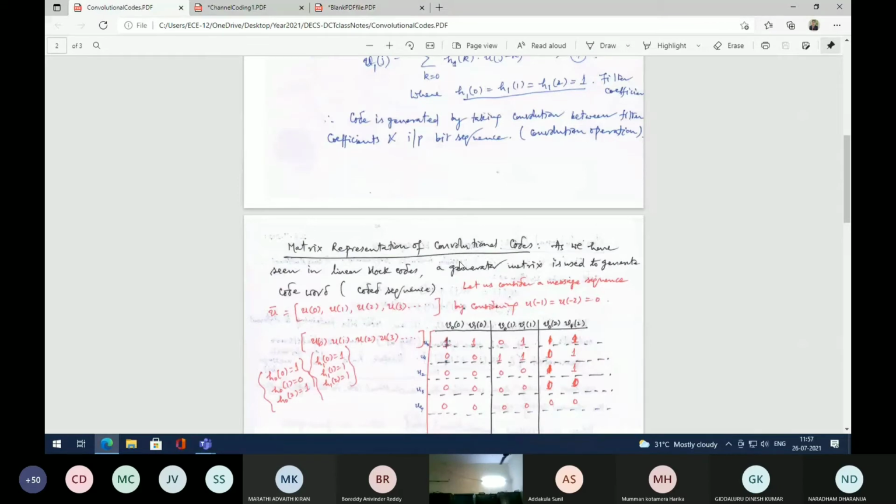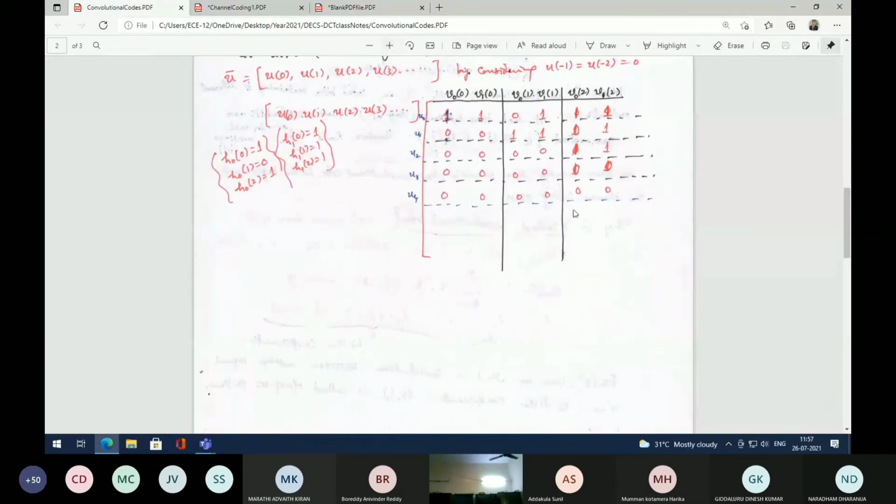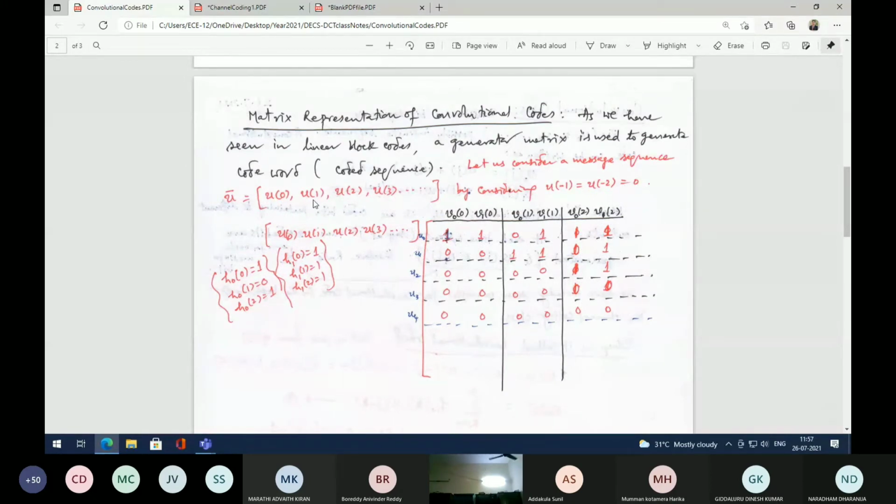In this example, let us consider these are the input bit sequences, and for each bit, this is the first output, and this is the second output. I have just taken 0 and 1; you can write it as 1 and 2.